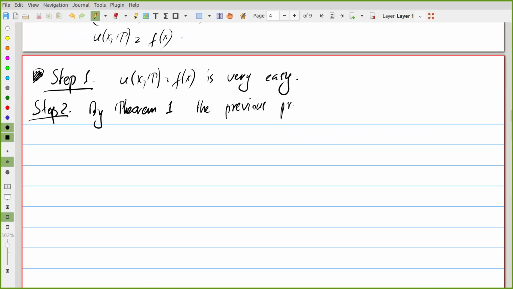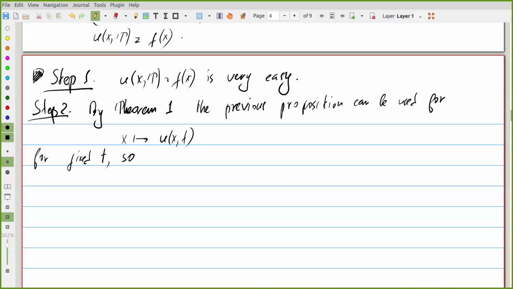The previous proposition can be used for a function that does this for fixed t. So we will get like a one-sided derivative effectively.